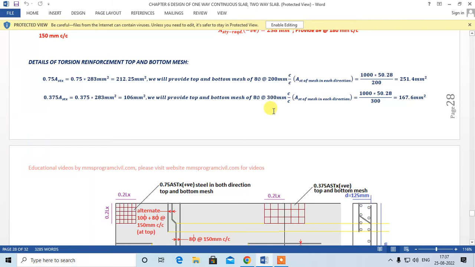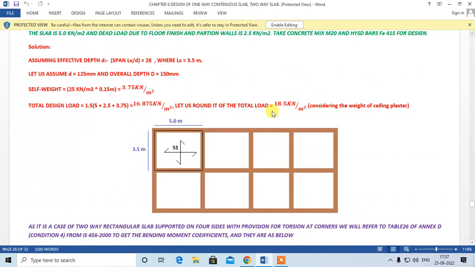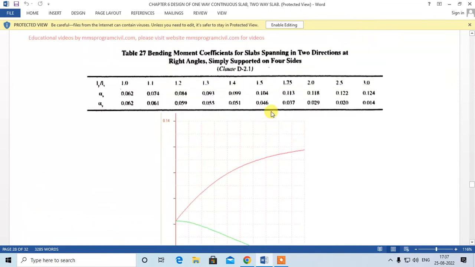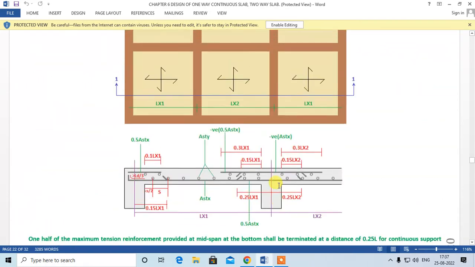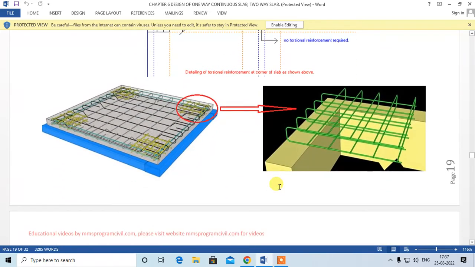So let me show you the figure again. So 8 about 300 center to center, coming to that figure again. Here you have to provide 8 about 300, 300, 300, 300, 300, 300, 300, and 300.